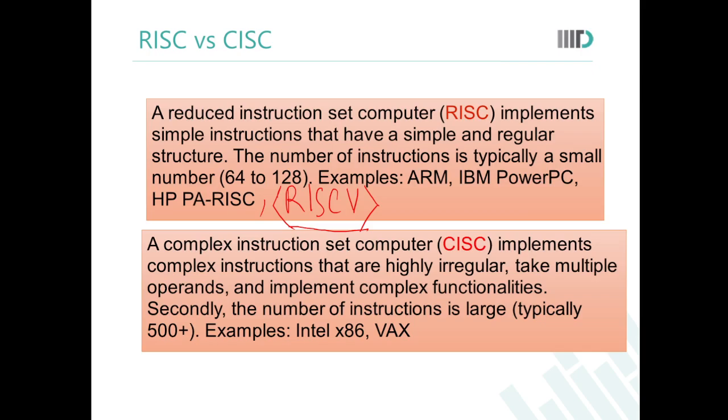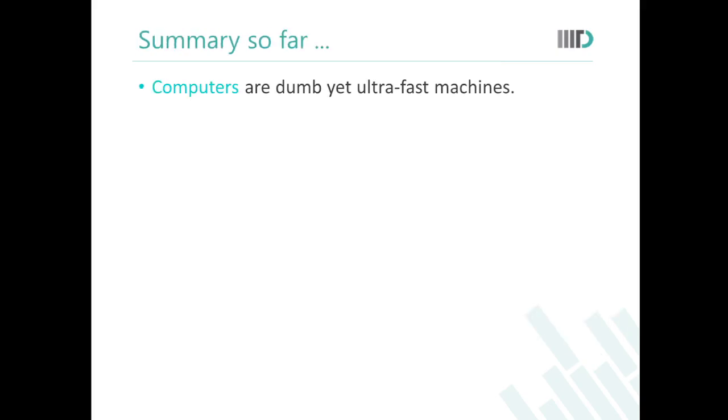So, the hardware or the microarchitecture becomes very complex there. When we see how instructions get executed on the hardware, we will be able to appreciate why the hardware complexity increases in the case of CISC computers. The examples are Intel x86, then VAX processors, etc.